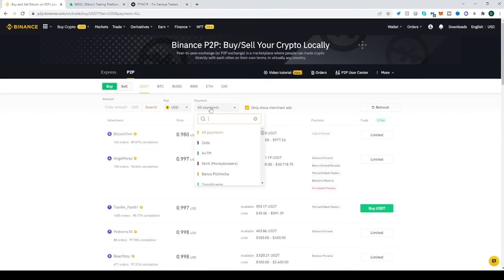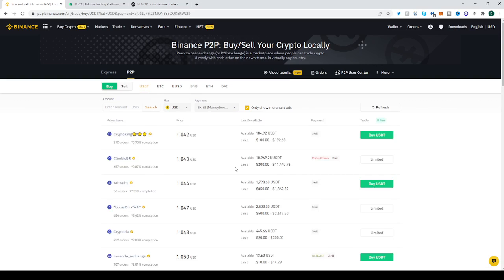You can check out the payment methods from here. There's Zelle, RTM, Skrill, TransferWise, Tinkoff, Payeer, pretty much all the payment methods you can think about. If you want to use, for example, Skrill, because it's one of the most popular, let's select it. All the options to use Skrill will be popped up over here.